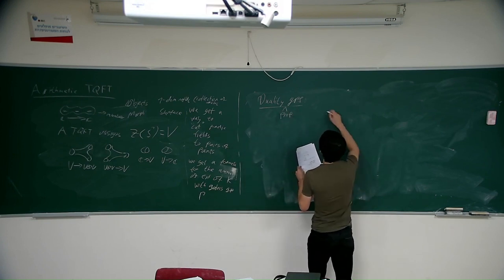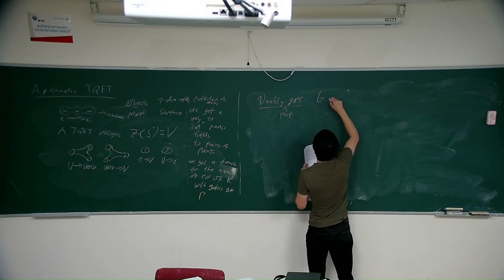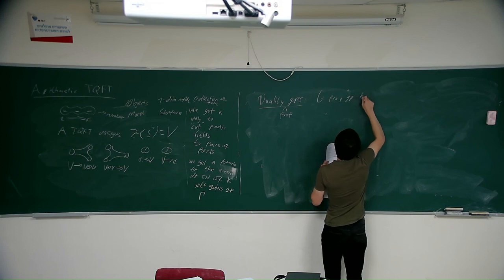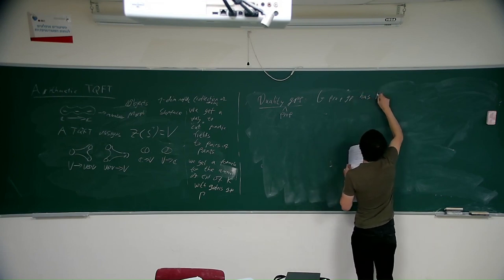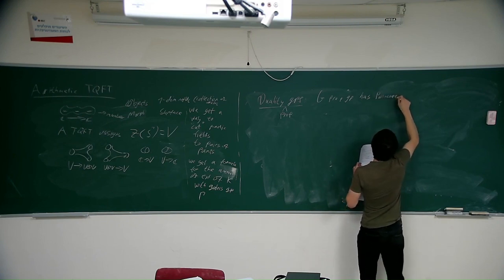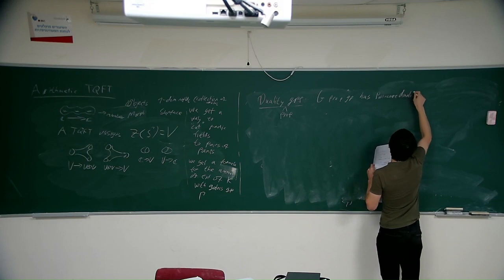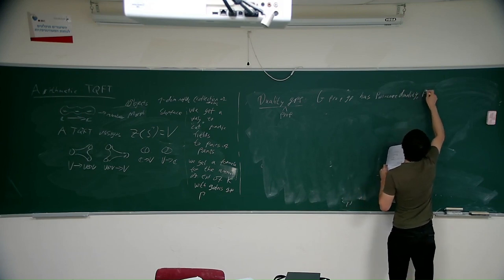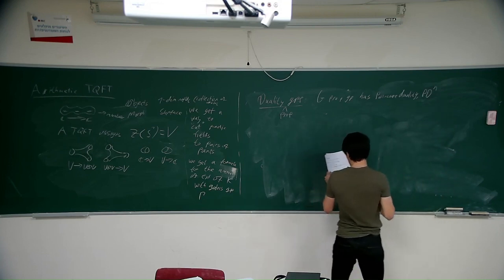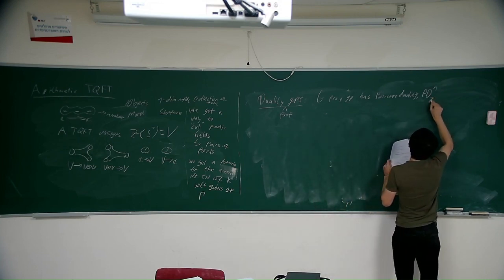And so G, a pro-p group, has a Poincare duality, which I would denote by PD_n group over F_p, over Z_p.